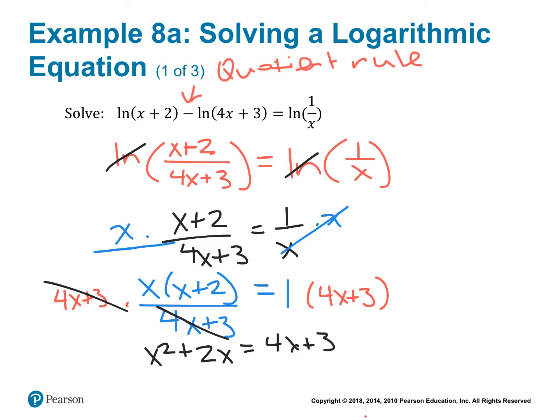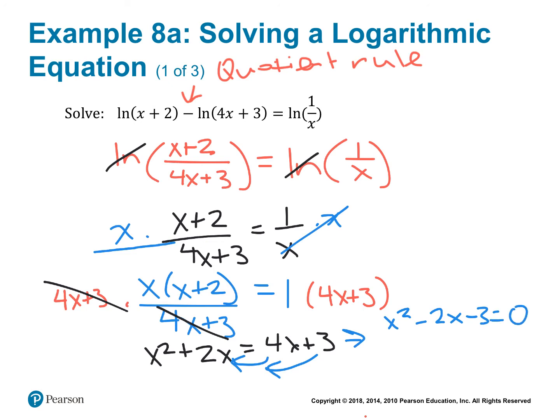Let's go ahead and move everything together so that we can try to simplify it. I'm going to move this over and this over. So I'd end up with x squared minus 2x minus 3 equals 0.